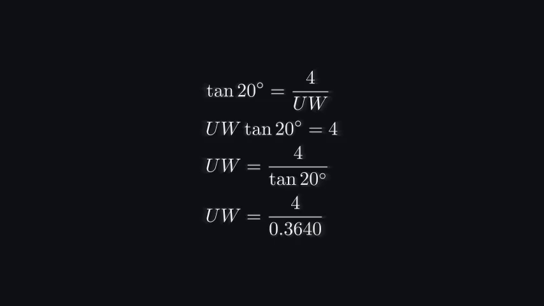UW equals 4 over 0.3640. Continue the aligned calculation. The next steps are shown one line at a time.